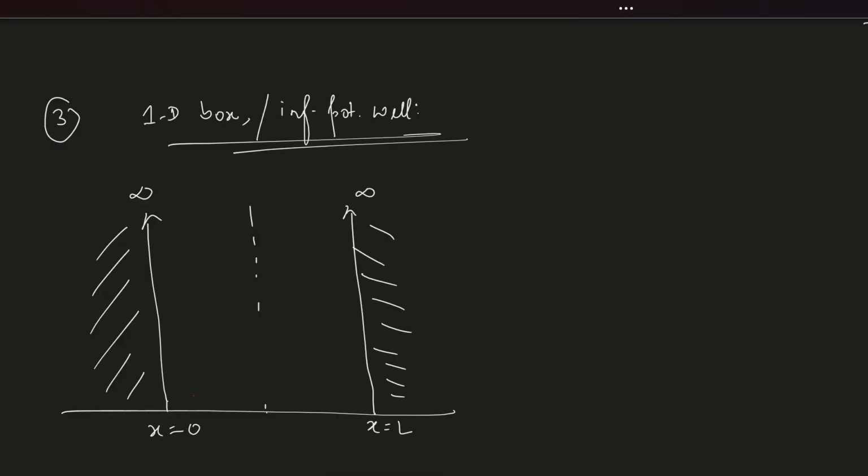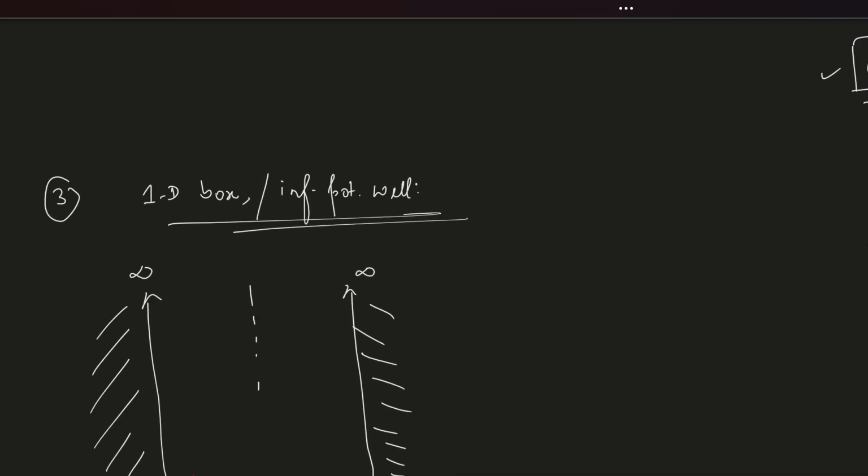Currently we are solving question number 3, the particle in a box problem. I was trying to draw the energy eigenvalues for this kind of problem. Because this is 1D, it is easier, with only one direction x.